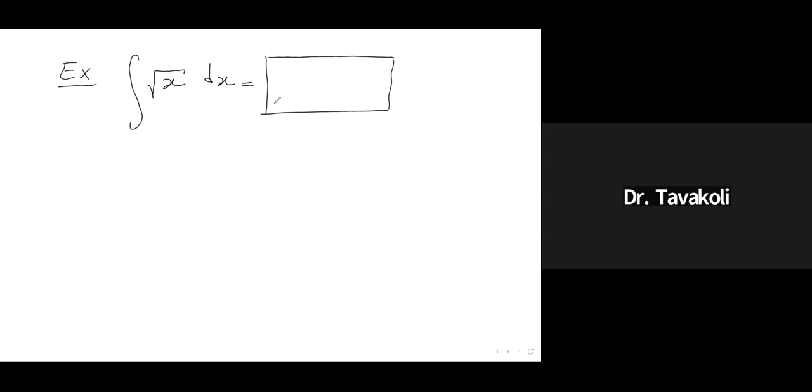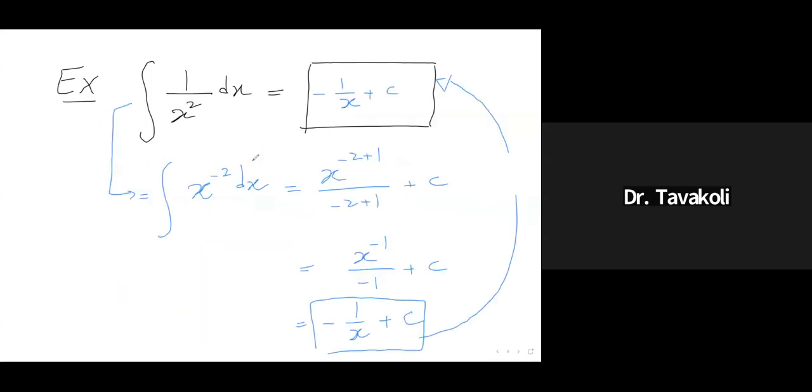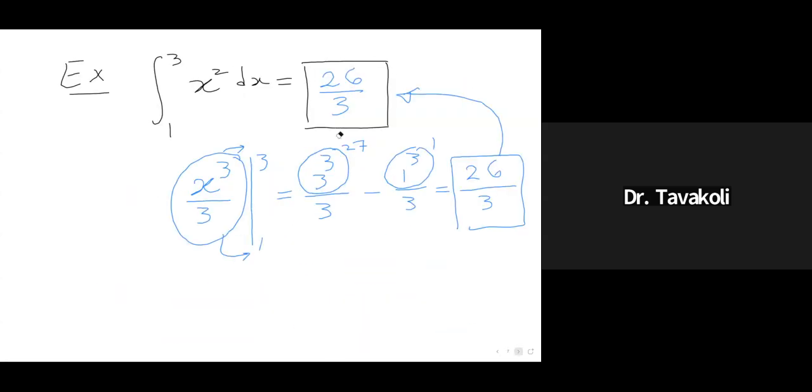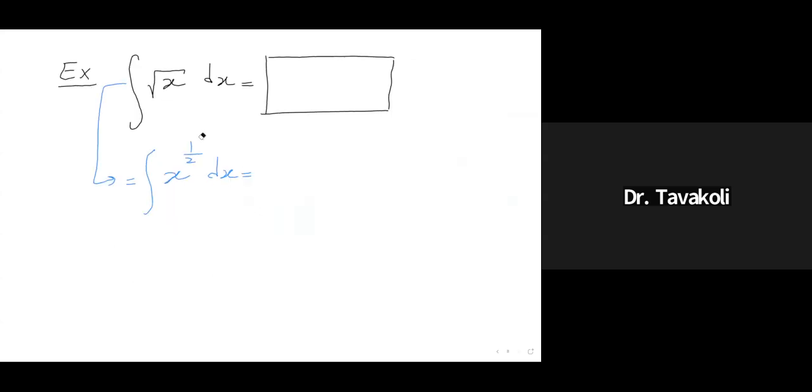So as you know, we can write radical x as x to the power of 1/2. So that n in the formula of the power rule, for the example that we are now working on, that n in fact is 1/2.